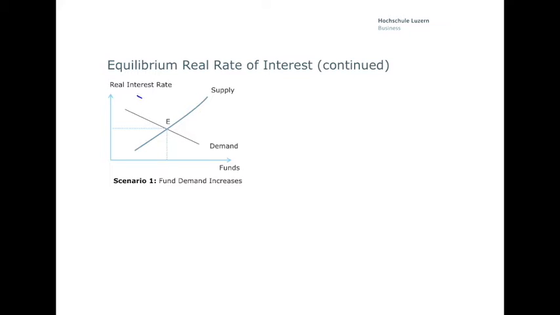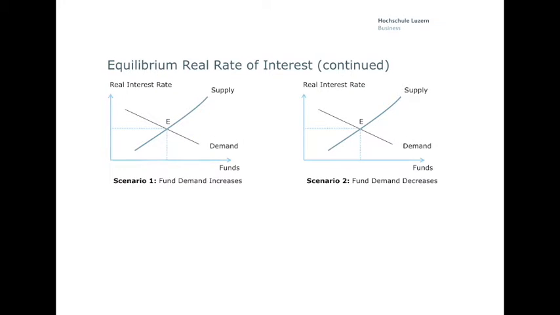As a consequence, the demand curve shifts to the right, resulting in a new equilibrium at a higher real rate of interest level. In the second scenario, fund demand decreases because businesses are pessimistic and decrease their investment activity. As a consequence, the demand curve shifts to the left, resulting in a new equilibrium at a lower real rate of interest level.